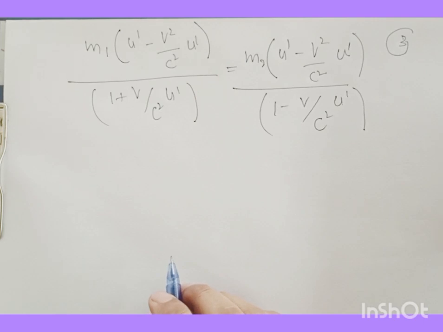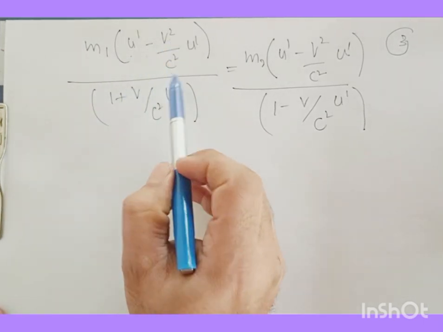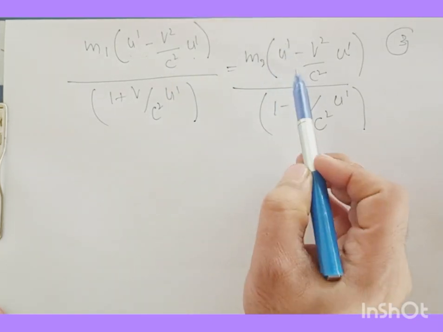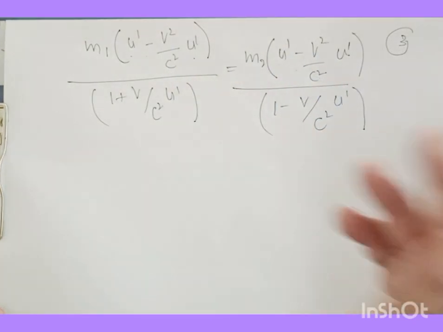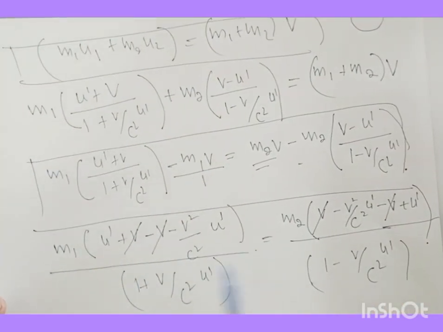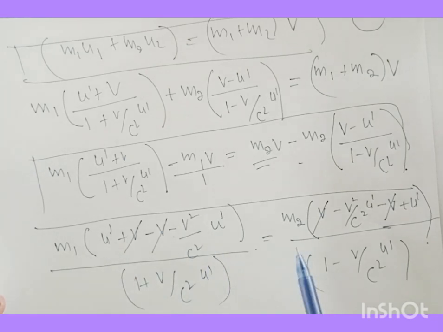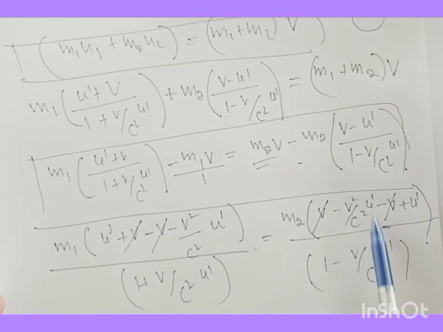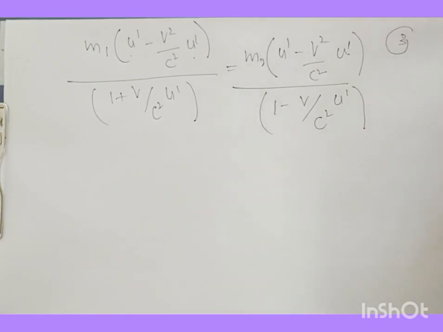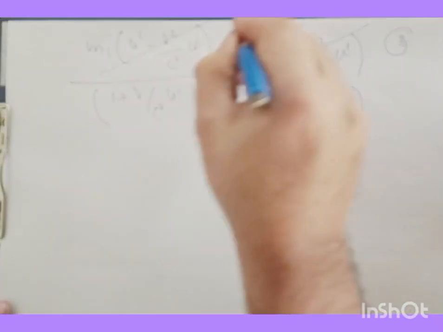Now we can see this is u' minus v²/c² u', and this is u' minus v²/c² u'. We can see it from here, it's coming exactly u' minus v²/c² u'. So what's going to happen? This term is going to cancel with this term.